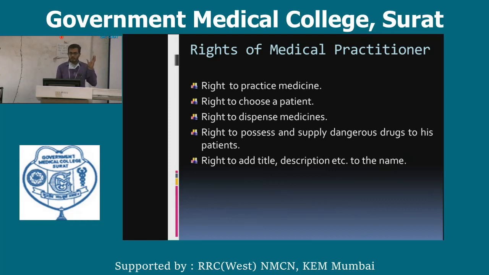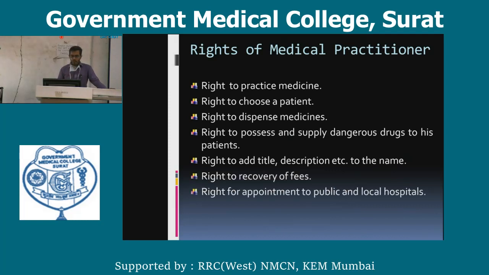We know that these are harmful drugs, but we have the right to apply these drugs for the specific treatment. Right to a title, description, etc., right to recovery of fees, right to appointment to the public local hospital, right to issue medical certificate, right to give evidence as an expert.